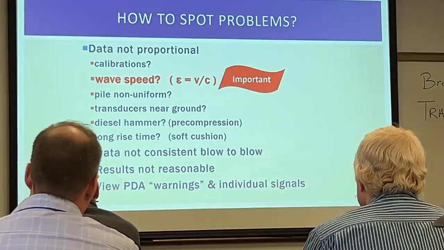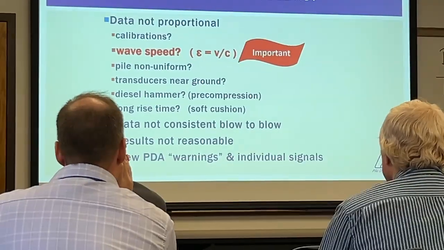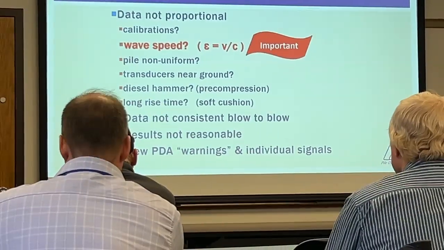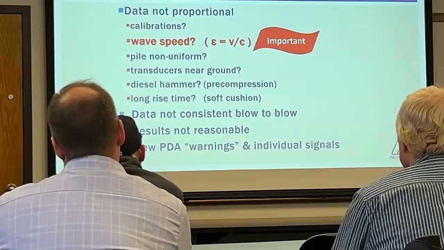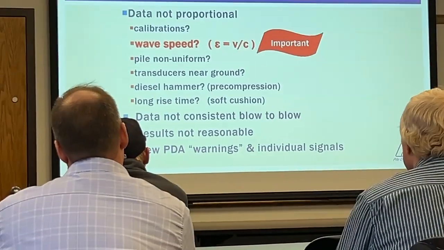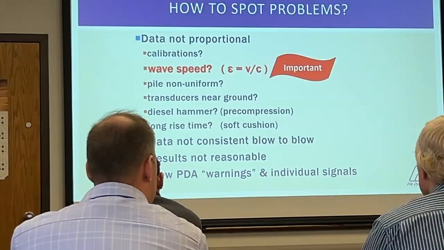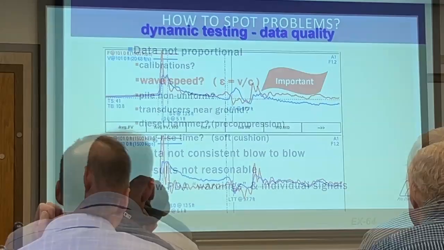And usually the answer there is they've inadvertently entered the full cross-sectional area of the 12.75 inch diameter instead of the wall thickness area. But unreasonable results often point out problems.